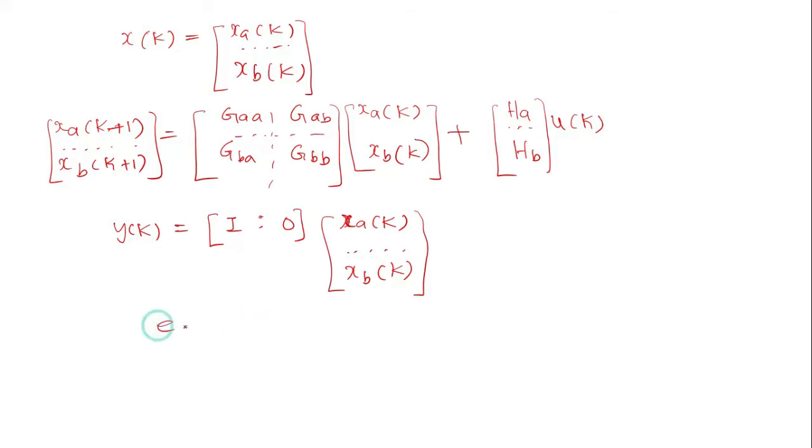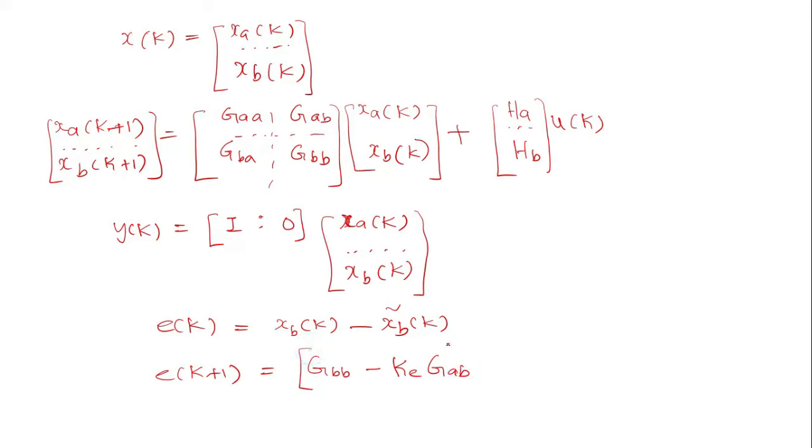So the error e of k which we are concerned about is actually xb of k minus xb tilde of k. And so the error equation becomes e of k plus 1 is equal to GBB minus Ke times GAB into e of k.